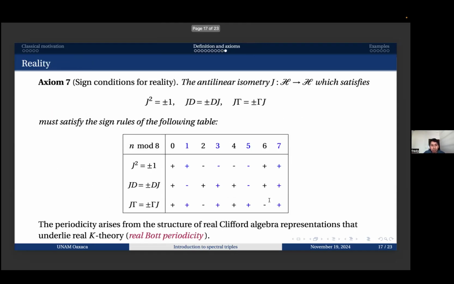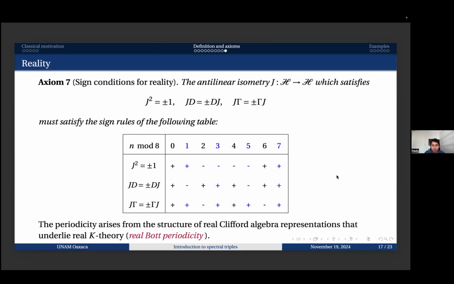So finally, we have this table with the signs that our operator has to satisfy.